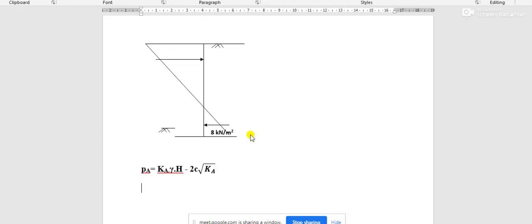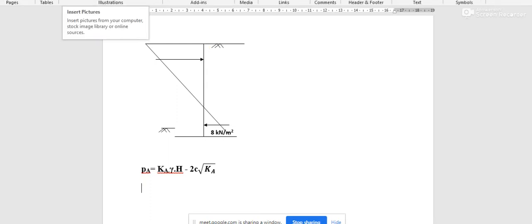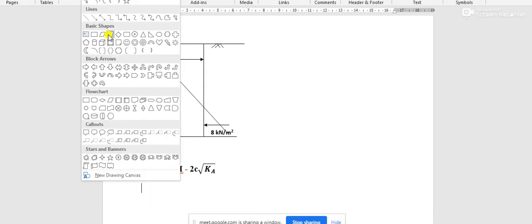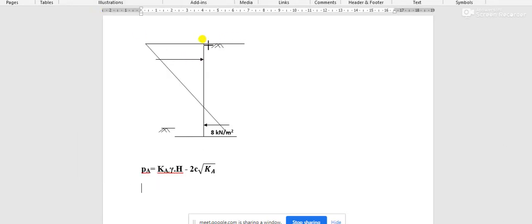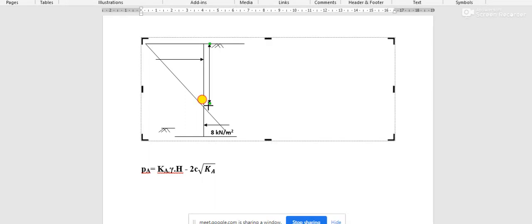Now if we consider this depth as z, this depth up to the point where the active pressure is 0. This point is 0.